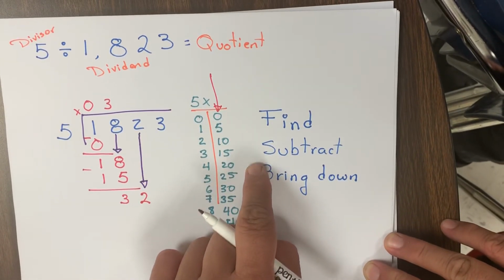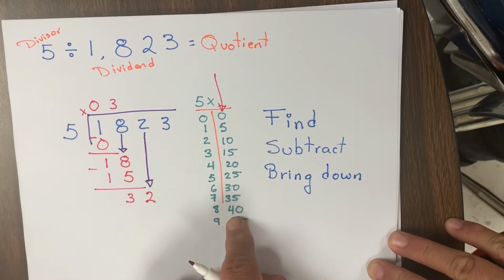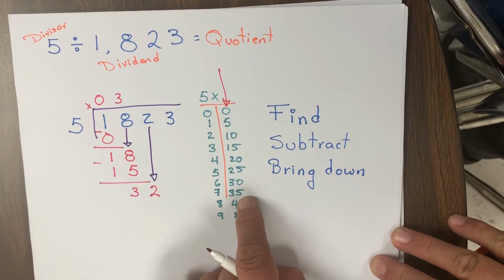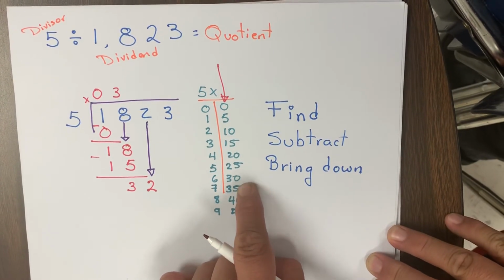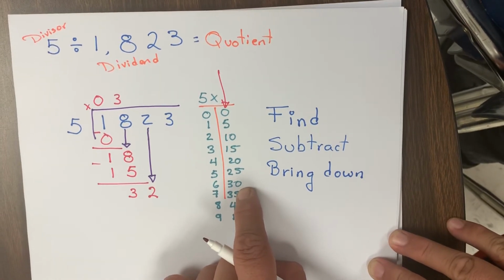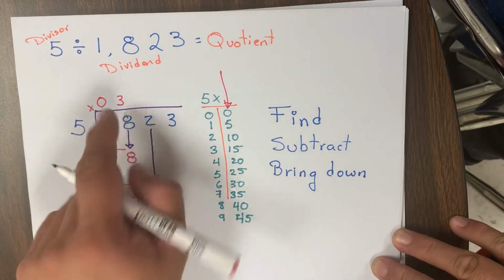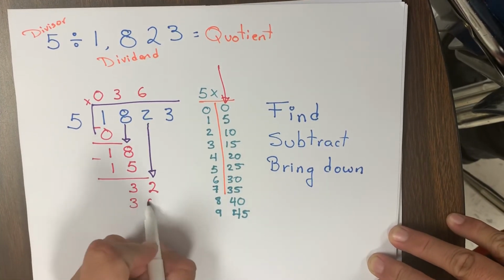Now I need to find again. I'm going to find the 32, and I don't find the 32, but I know that I have 30 and 35. 35 goes beyond. 30 is the closest, and 25 would be way too far away, so it's 30. So 5 times 6 equals 30.